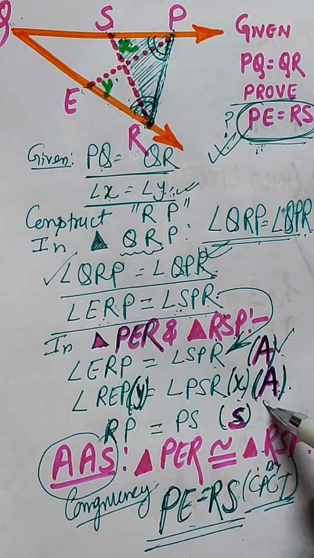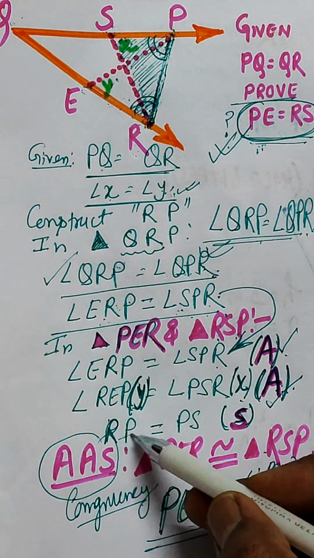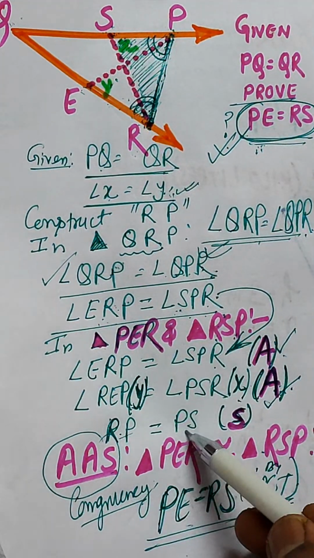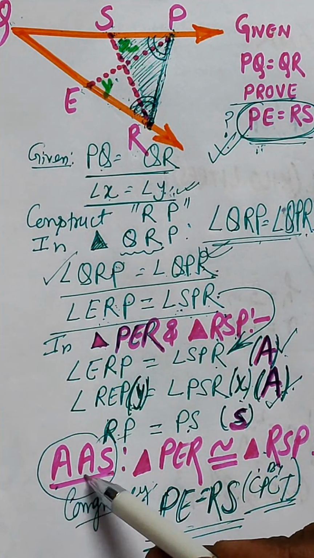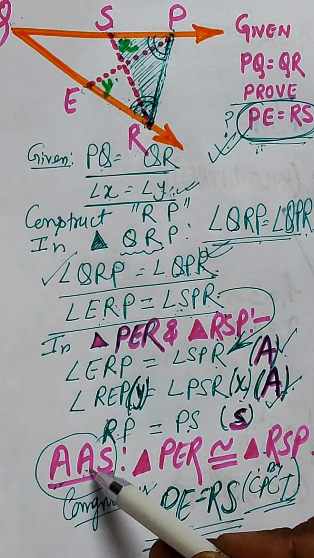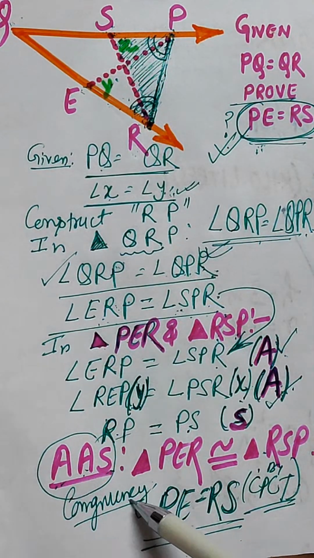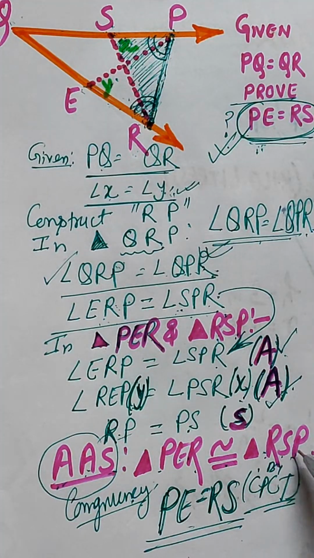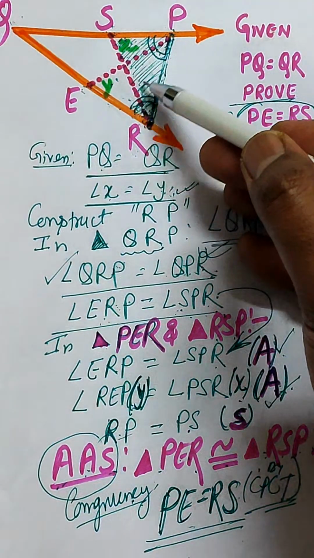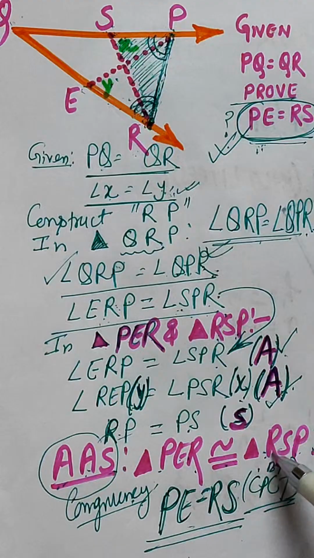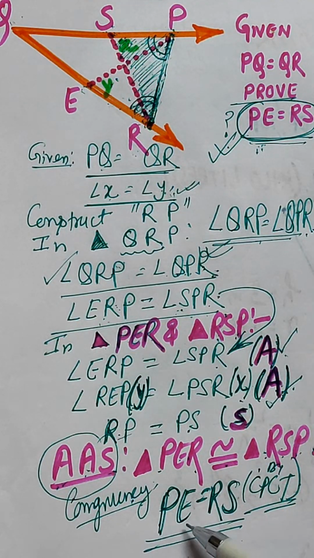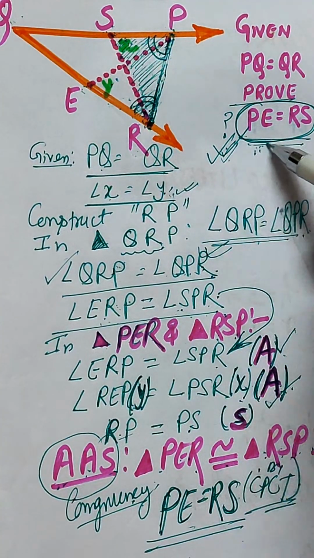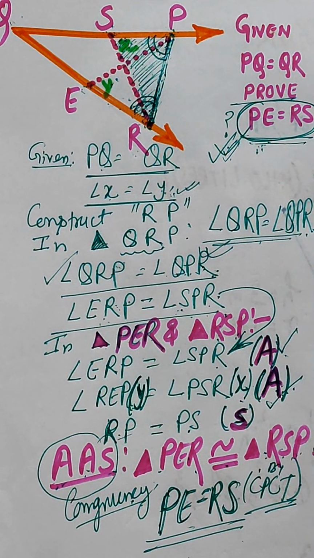So this is the second criteria, right? And since we did the construction of RP, RP is equal to PS. So by AAS, angle-angle-side congruency criteria, triangle PER is proved congruent to triangle RSP. These two triangles are congruent. So by CPCT, we can say that PE equal to RS, which was our requirement. In this way, we have solved this question.